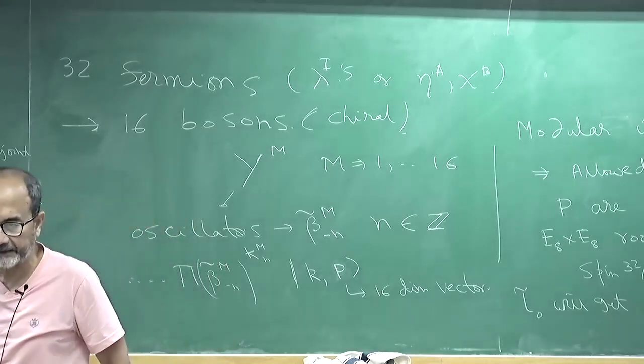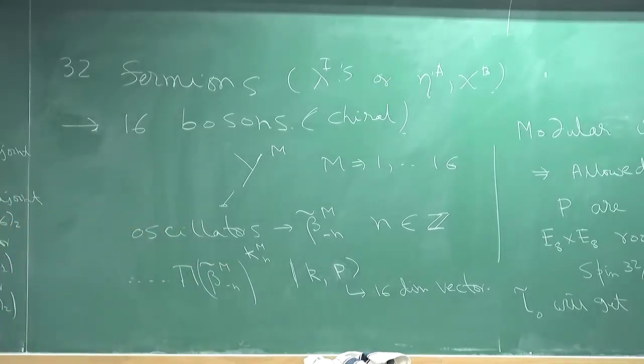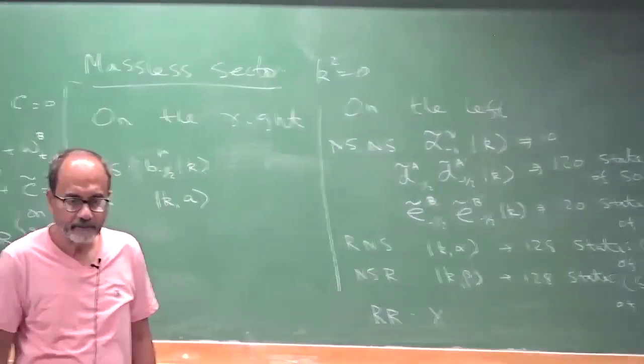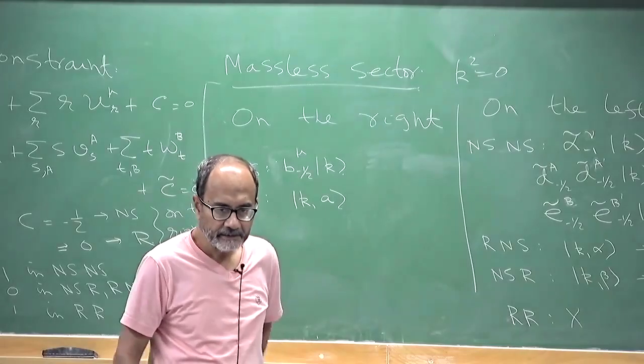The right side is unchanged. C tilde is just minus 1, as if it's all NS, because these sectors are not there. P squared will compensate.